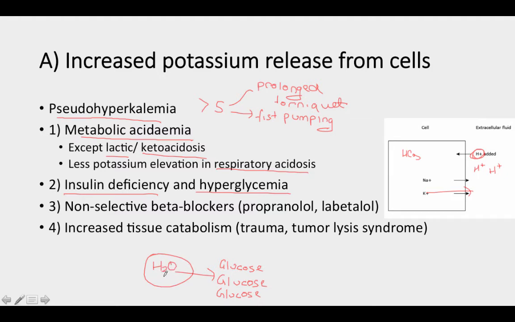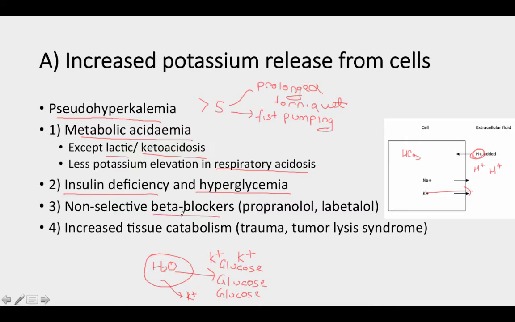Well, it means that the intracellular potassium concentration gets higher because water is leaving the cell. So potassium tends to move from a high concentration area to a low concentration area. The other reason potassium comes out is because of this phenomenon called osmotic drag, where the water pulls the potassium out with it, and it increases the potassium extracellularly. So that's insulin deficiency and hyperglycemia.